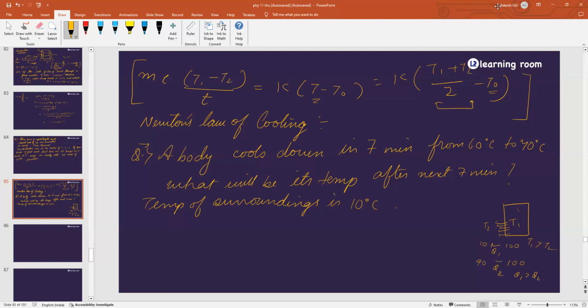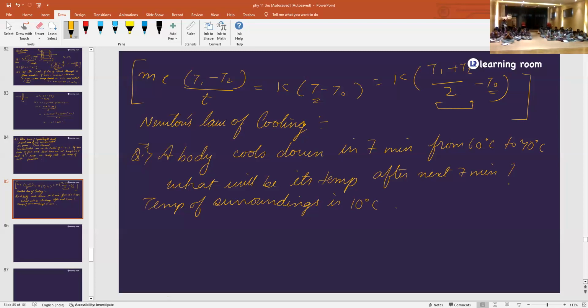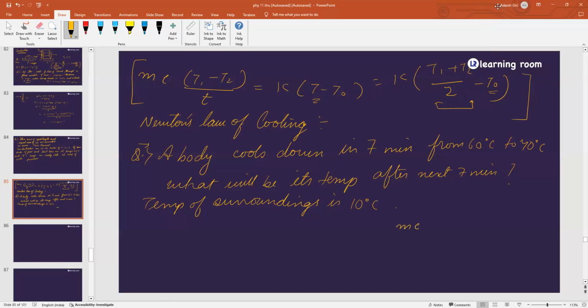Based on some integration, a derivation is there, and he proposed a formula. His formula was mc, mass times specific heat capacity, times (T1 minus T2), initial minus final temperature, divided by the time required for the change, is equal to K times the average of the initial and final temperature minus the surrounding temperature.